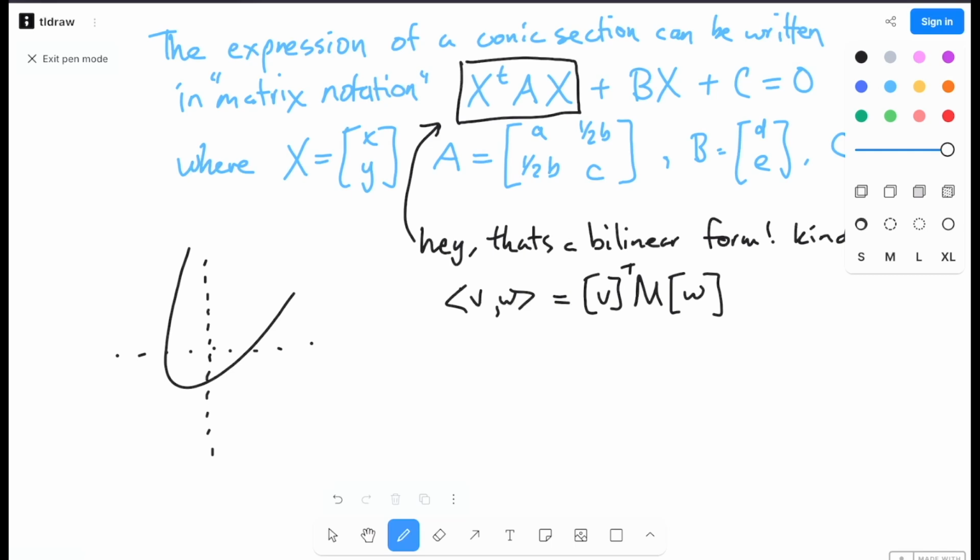And it would be nice if instead of working in this black system of coordinates, we could work in this system of coordinates instead, so that it looked a lot more like the parabolas that we're used to. Let me try drawing the symmetry axis first, and then something like that.